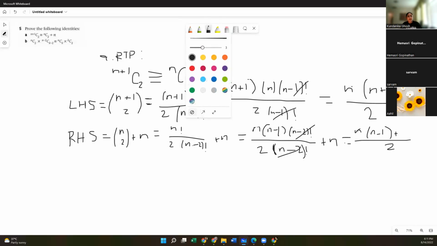So our common denominator over here is going to be 2. So you're going to have n times n minus 1 over 2 plus something over 2. But because you have 2 as the denominator, you have to increase what's on your numerator by the ratio of whatever's on the denominator. So instead of having n over 2, you're going to have 2n.